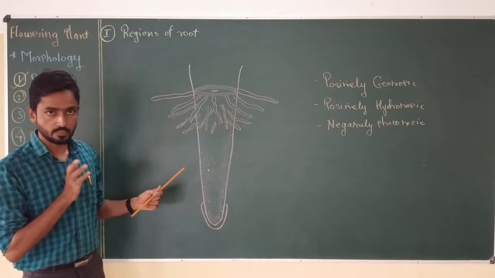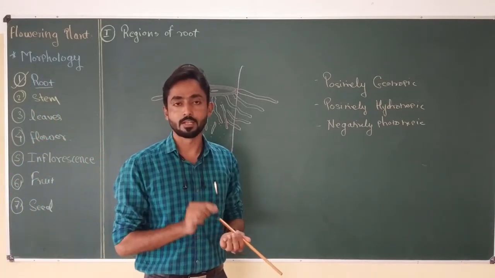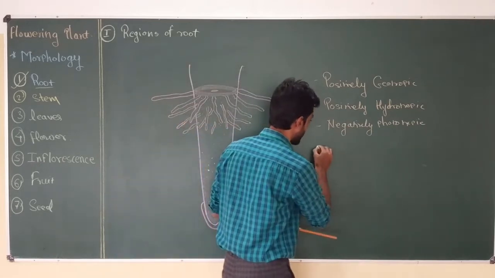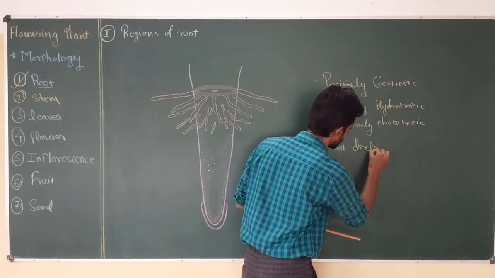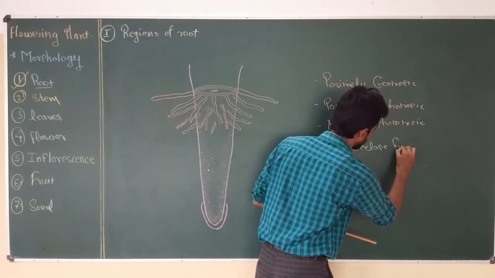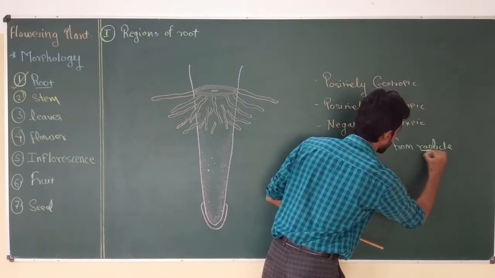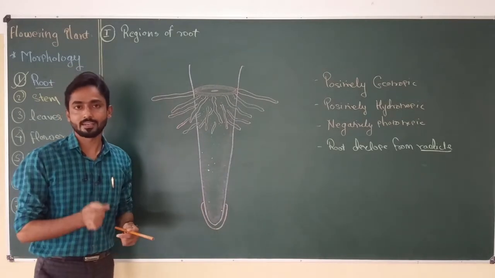Now, the general root in angiospermic plant is produced from the radicle at the time of seed germination. The other important thing is that root develops from radicle at the time of seed germination. So what is radicle?